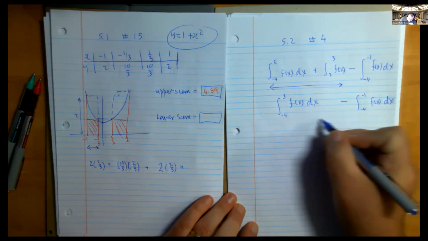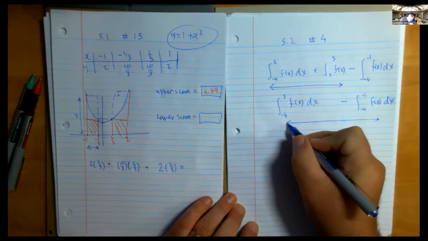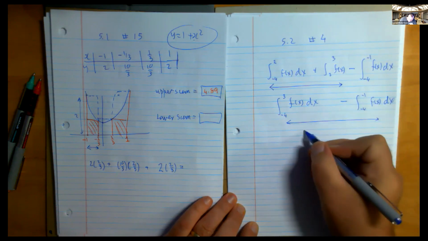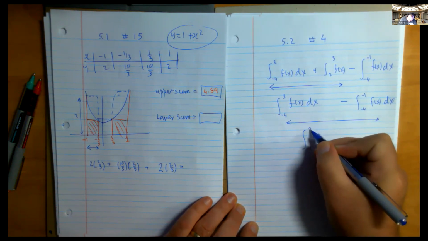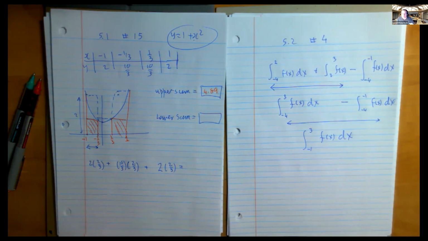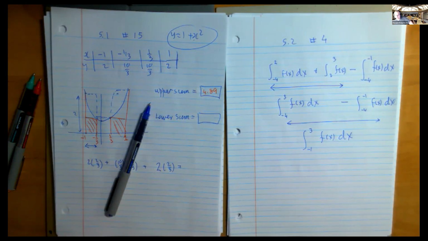So if you take from -4 to 3, but you cut off the -4 to -1 bit, aren't you only left with the bit that starts at -1 and finishes at 3?